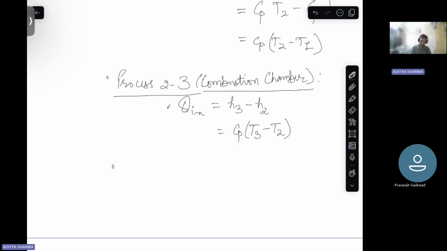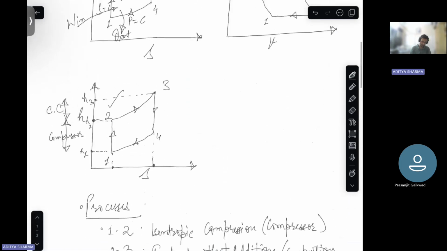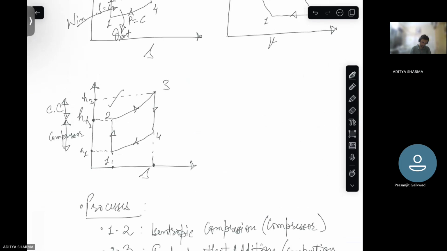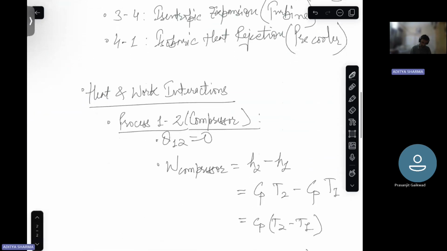Then we have process 3 to 4, which is basically turbine work. Okay.